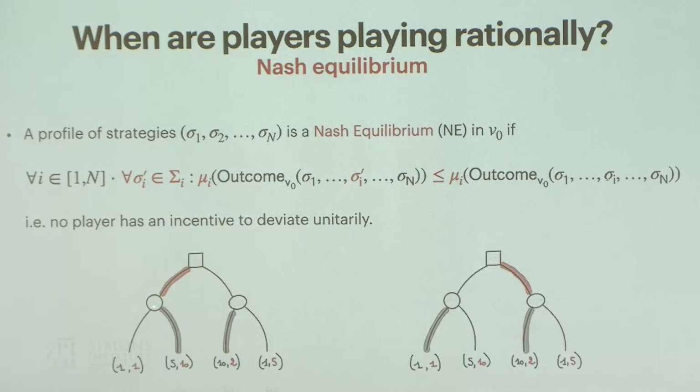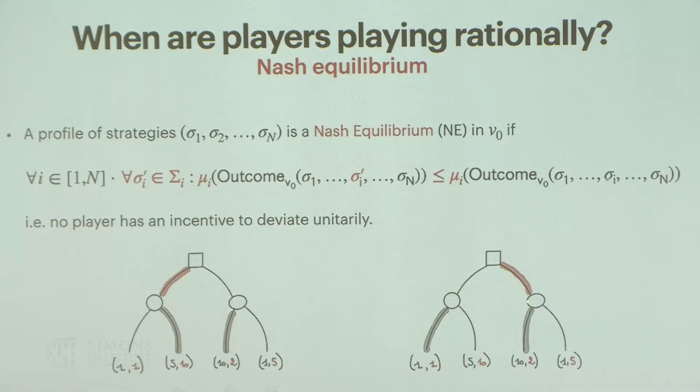Now the round player has no incentive to change because here he gets 5, and if he would change, he would get 1. And here, if he changes, it does not matter because anyway, we will not go there. So this means that this is a Nash equilibrium. Then we can do the exercise on the other side and see that it's also a Nash equilibrium, right? Because you see that here the square player gets 2, and if he would move to this, he would get 1, so no incentive to do that. Then here it's not important because we will not reach this under the strategy of the square player.